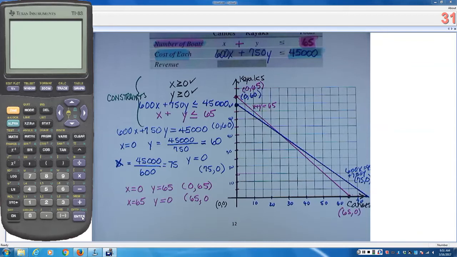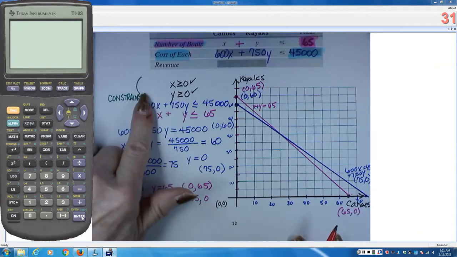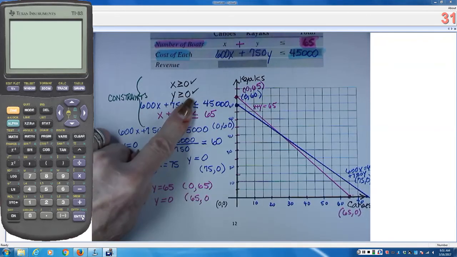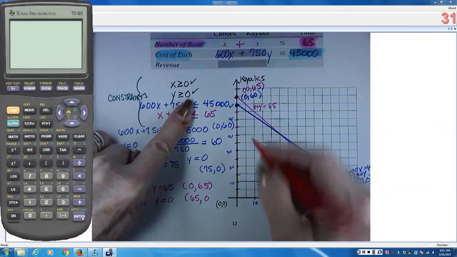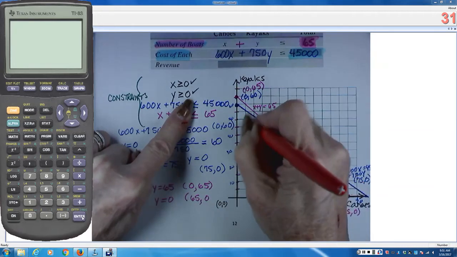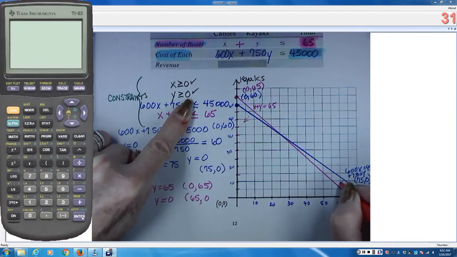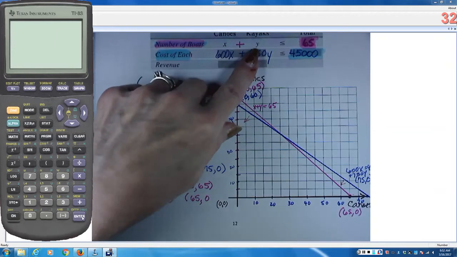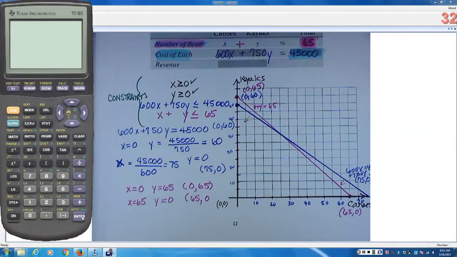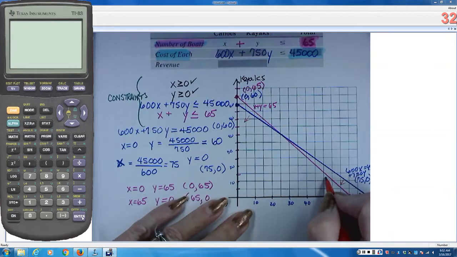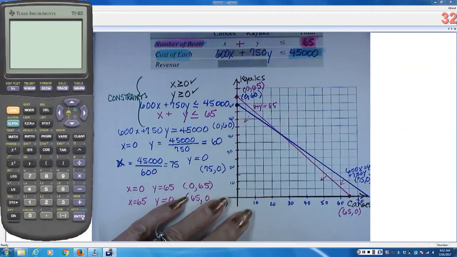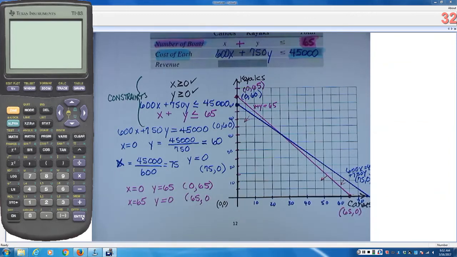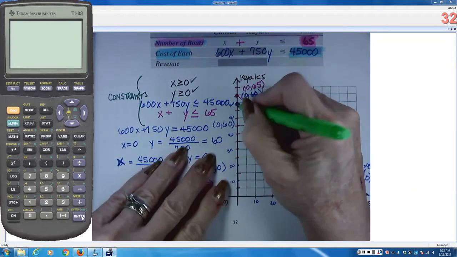So I'm going to plug in 0, 0. So if this is 0 and this is 0, is 0 equal to or less than $45,000? And yes, of course it is. So I'm going to shade toward the origin. And then is 0 plus 0 less than 65? Yes, it is. So there again, I'm going to shade toward the origin. And this is the region that's the feasible region.